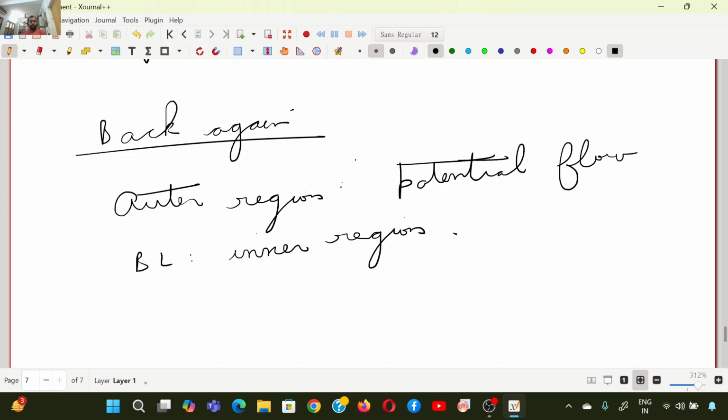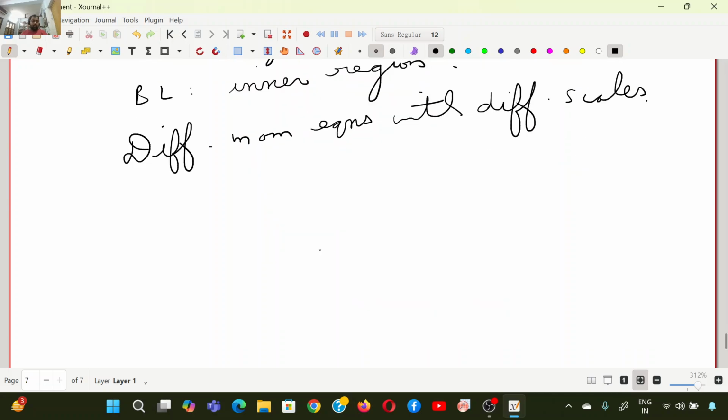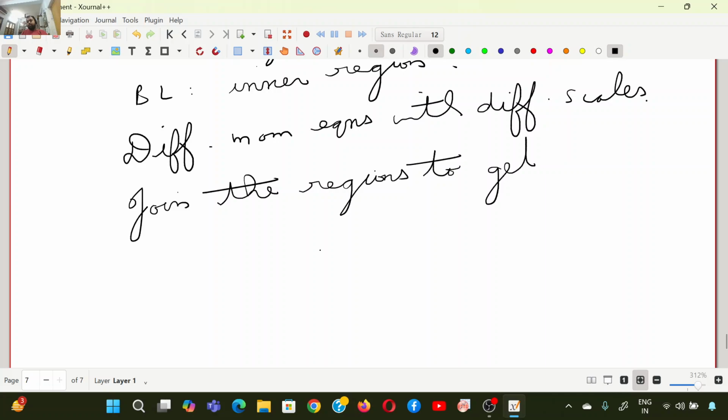So basically we have differential momentum equations with different scales. We join the regions to get a smooth solution. There is a sequential scheme here.